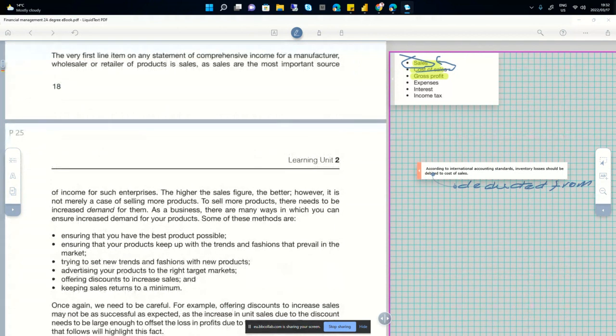So we have the sales, and we understand that the most important source of income will be sales. And it's quite easy for us to understand that when we're talking about cost of sales, we're not talking about sales return. So let's say company A, people are buying from a particular company, and a good example would be, for instance, Takealot.